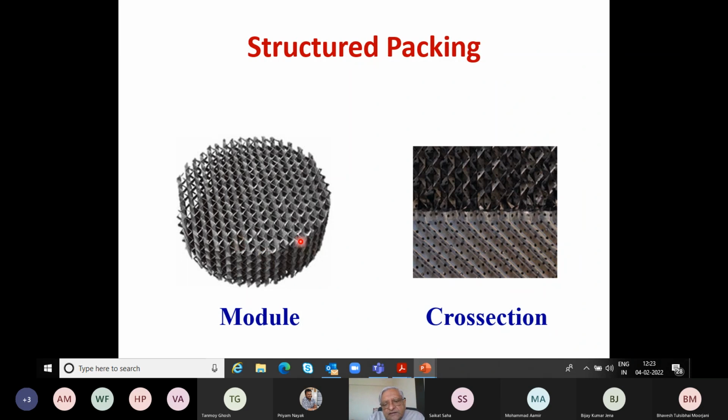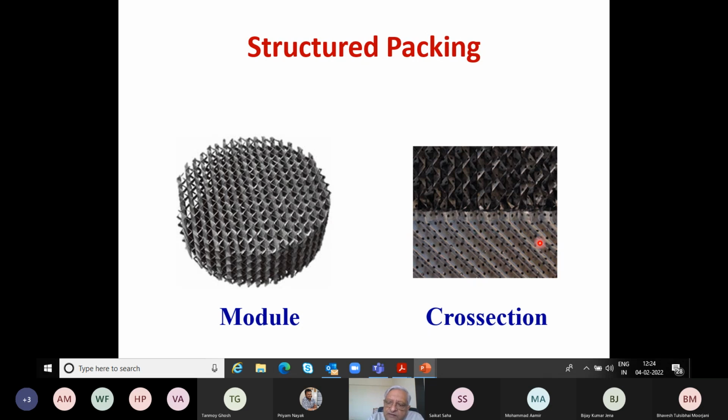Why is it called structured packing? If you take a very thin stainless steel plate, the thickness is almost 0.1 millimeter, so it's almost like the edge of your knife. Then you twist it, so you provide these kinds of twisting, and then punch holes. So you take a thin sheet of stainless steel and you punch holes in that.